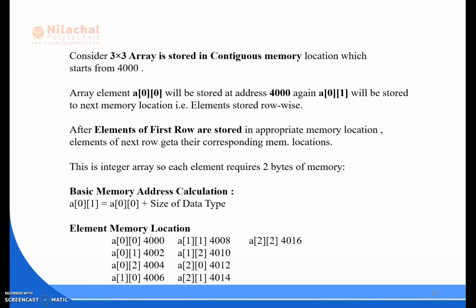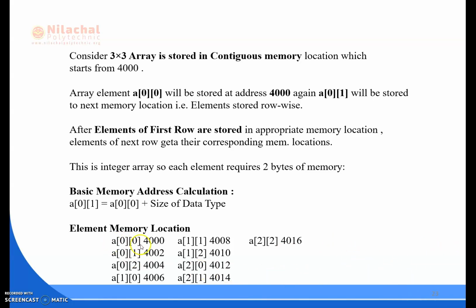If it is stored row wise, the memory locations will be different for each and every element, and if it is stored column wise, the memory locations will also be different for each element. We will be discussing the row wise sequence.